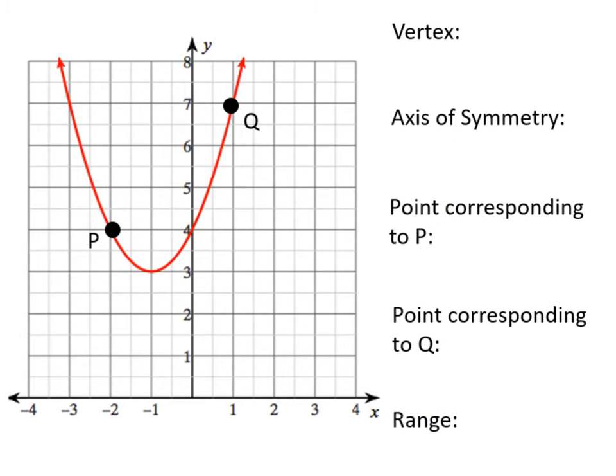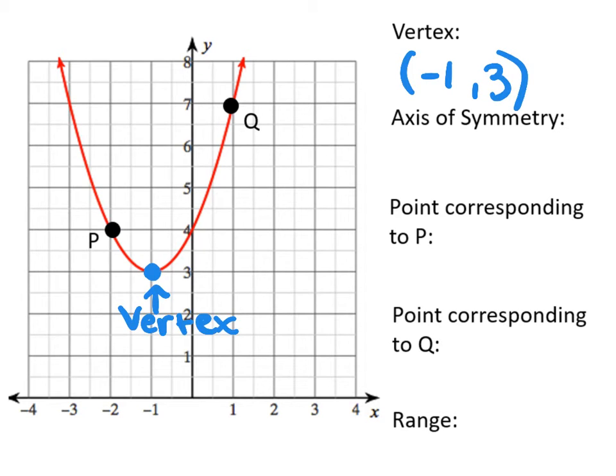Now, the first types of questions we're going to see related to this are identifying parts of the graph. The vertex is the highest or lowest most point. So our vertex would be this bottommost point. So if we wanted to fill in the question, the vertex would be the ordered pair -1, 3.